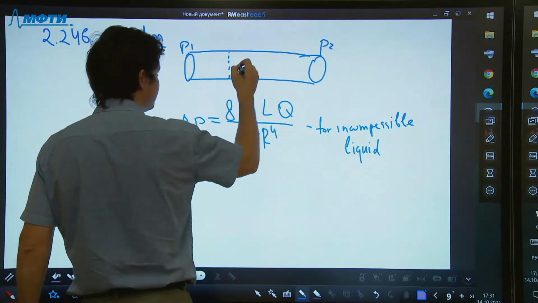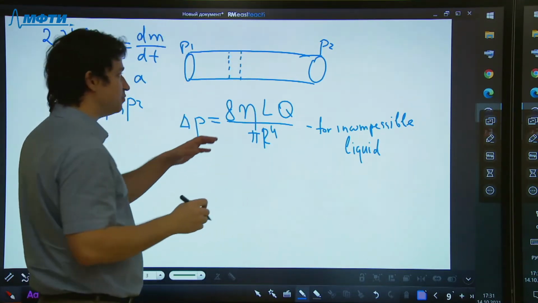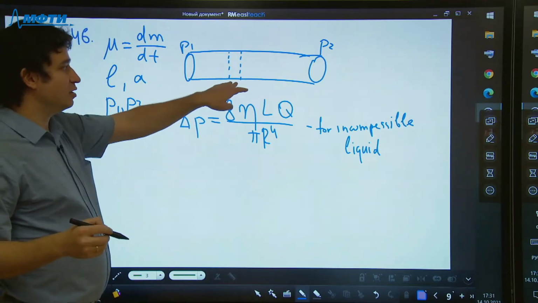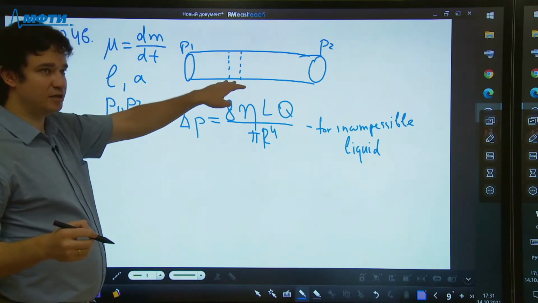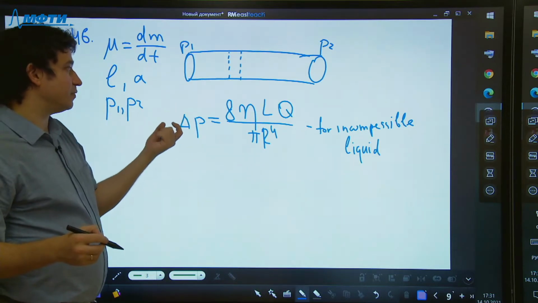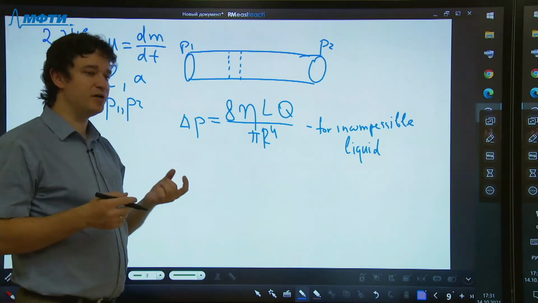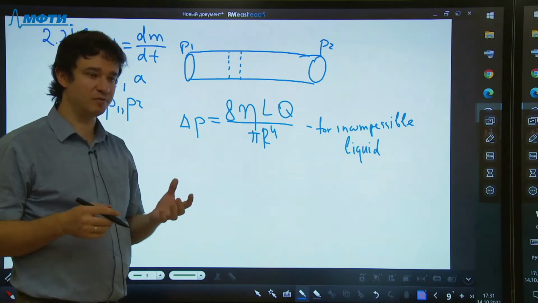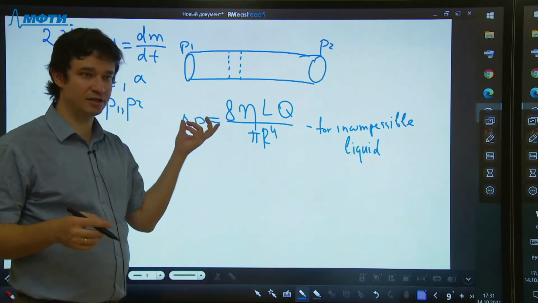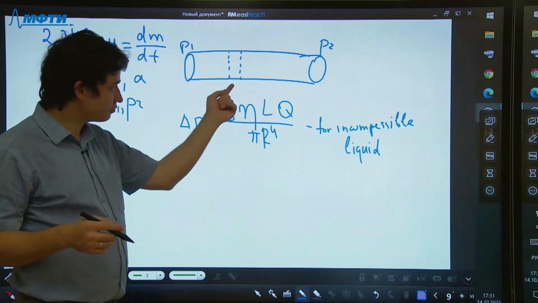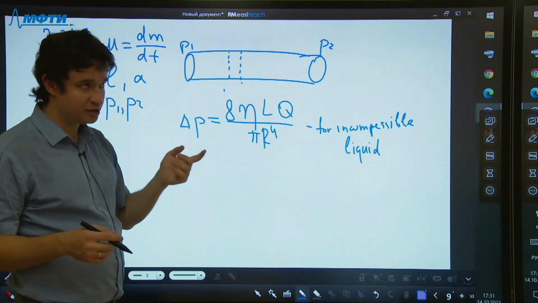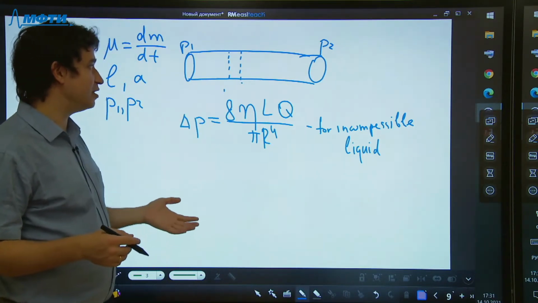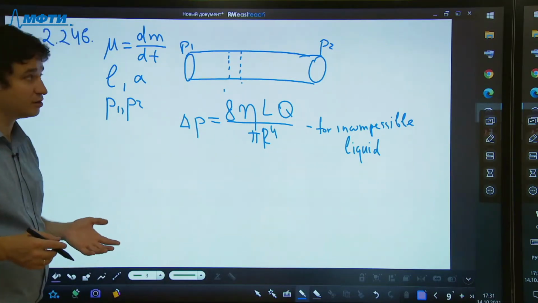Let's assume that we study a space between two cross sections inside the pipe, and in between these two cross sections the density of the gas changed only slightly. So I can assume that in between these two cross sections the density of the gas is approximately constant.